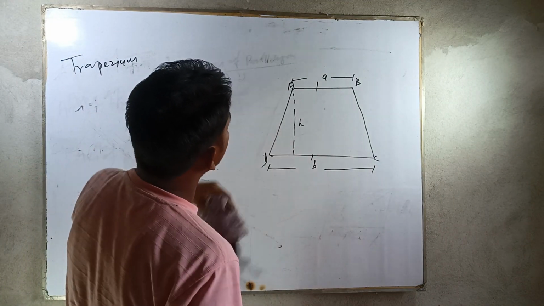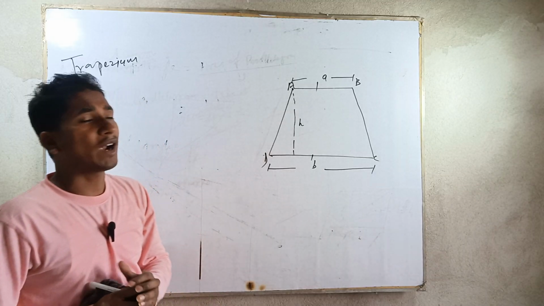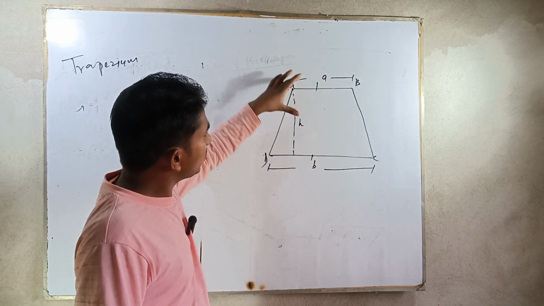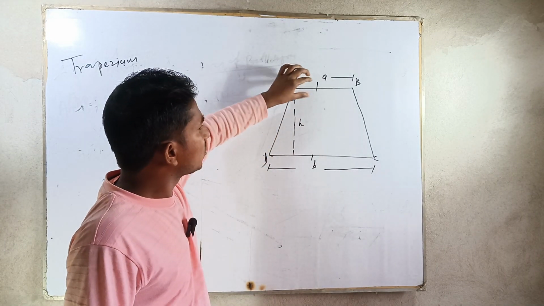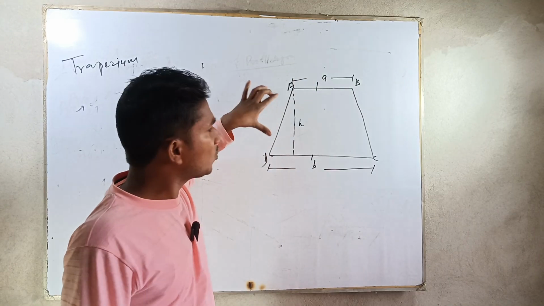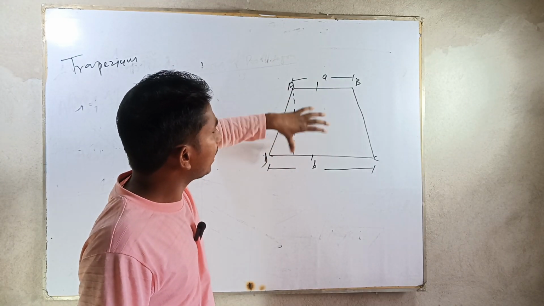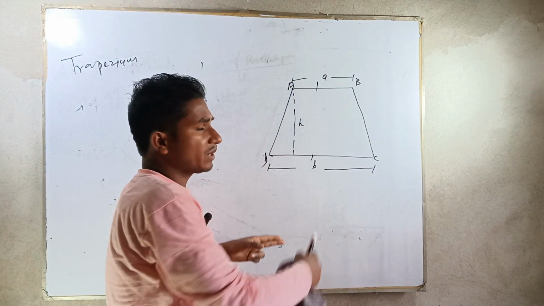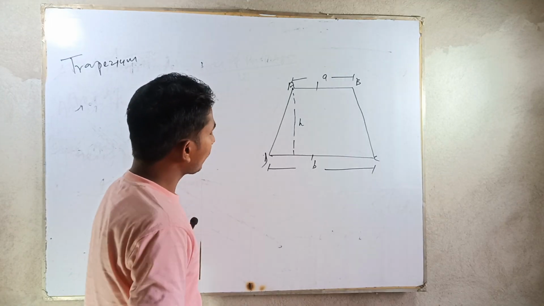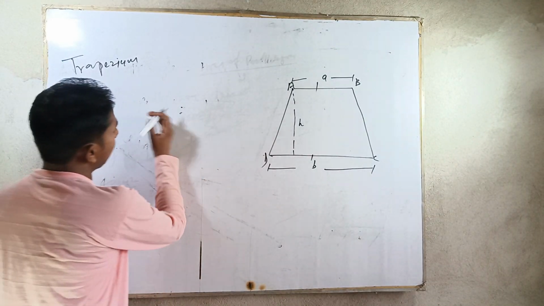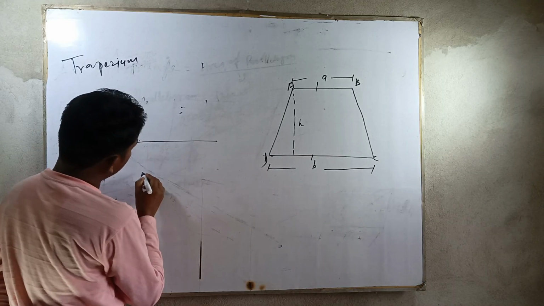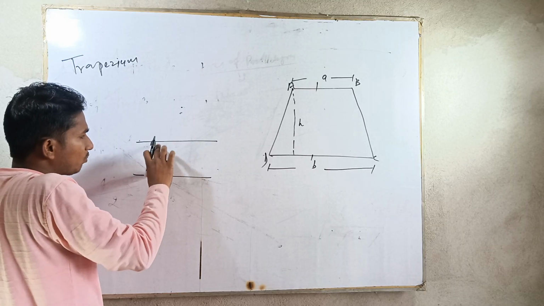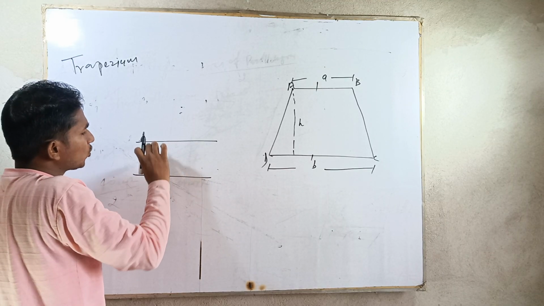So this is called a trapezium. What is the meaning? If in any quadrilateral two lines are parallel to each other, this one is parallel, but how long its line segment is, I don't care, but two lines should be parallel. Parallel means what? I have so many examples like this. That means the distance between both lines should be equal.